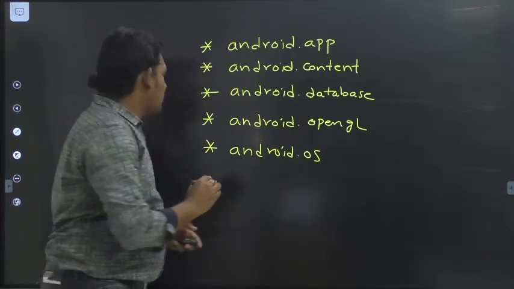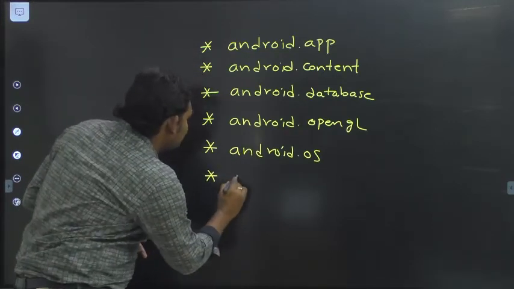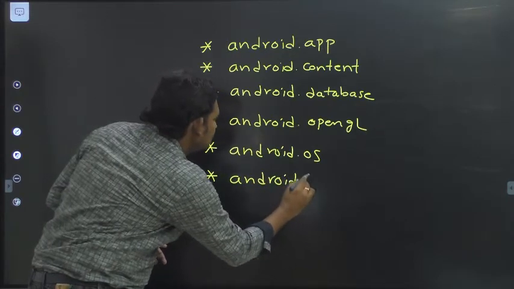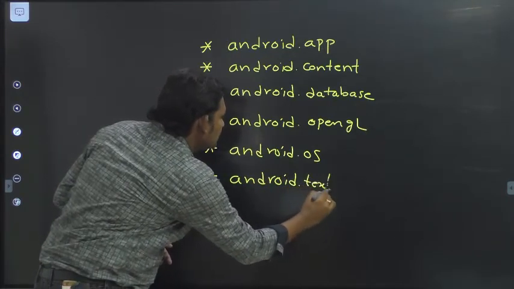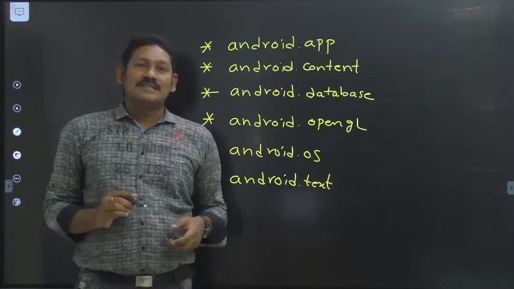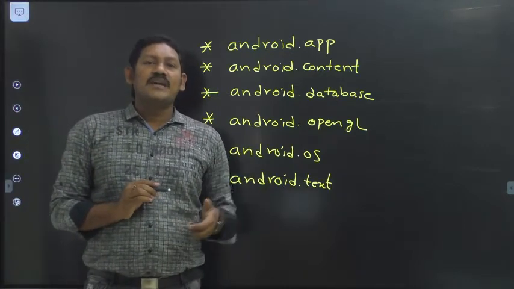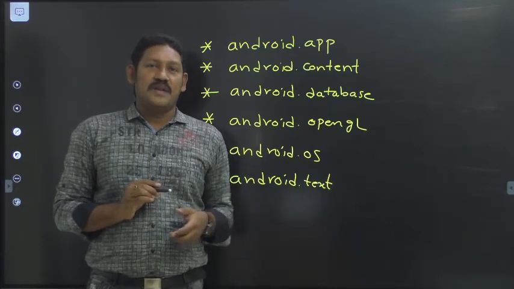Next one is Android.text. It is used to render and manipulate text on a device display.